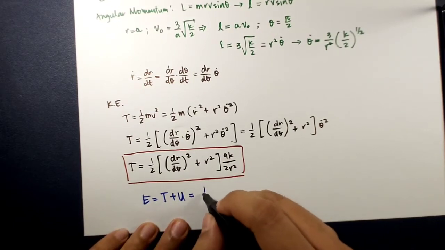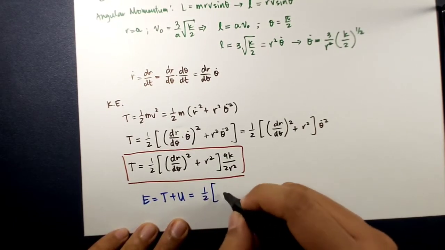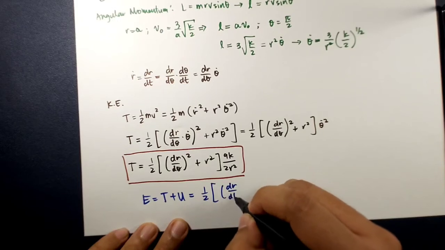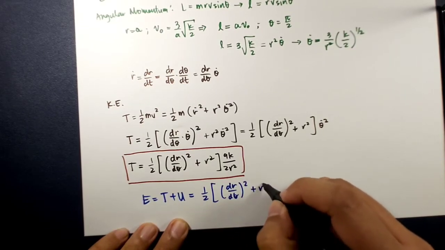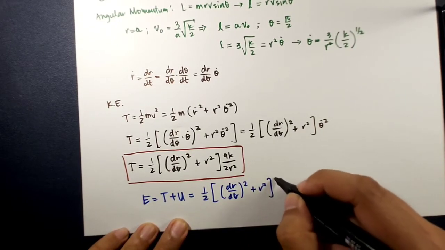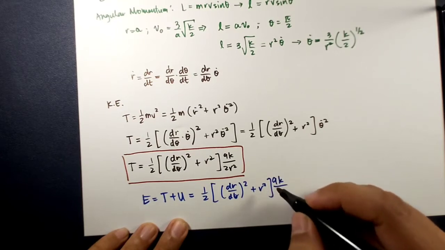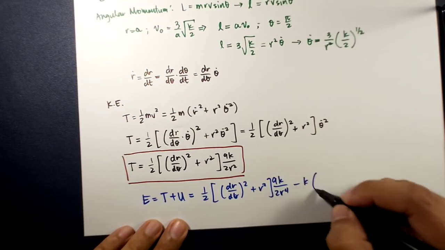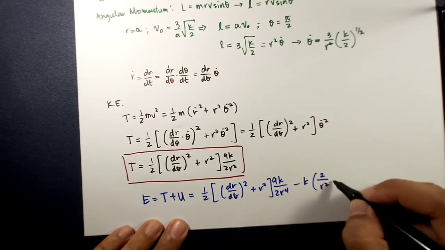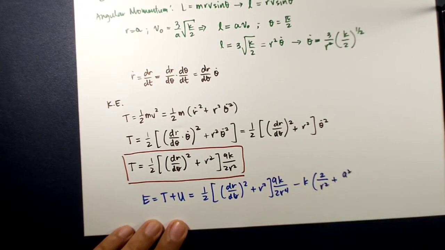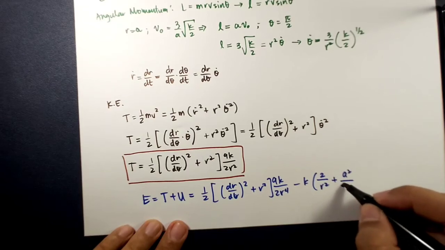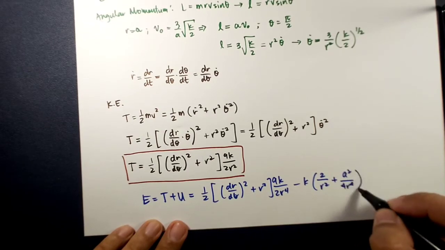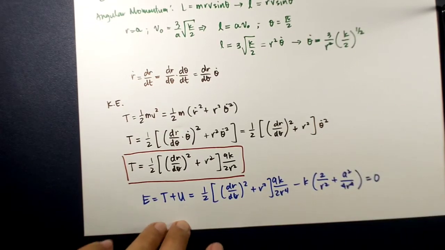So this is 1/2 times the derivative of r with respect to theta squared plus r squared times 9k over 2 r to the 4th, minus k over r squared plus a squared over 4 r to the 4th, equals 0.